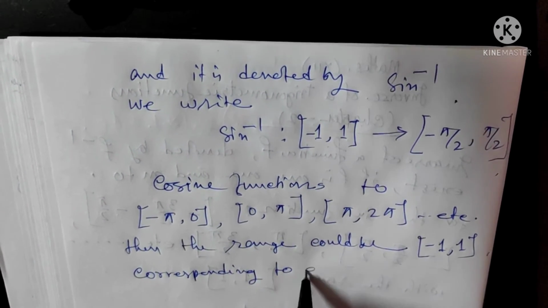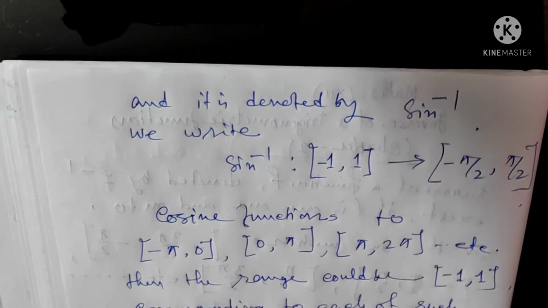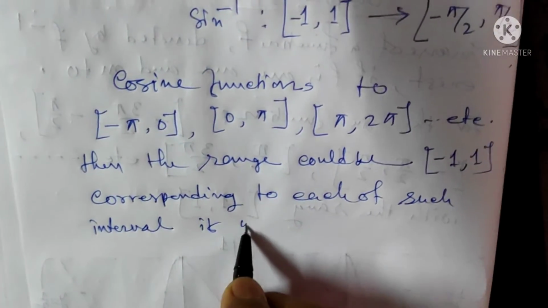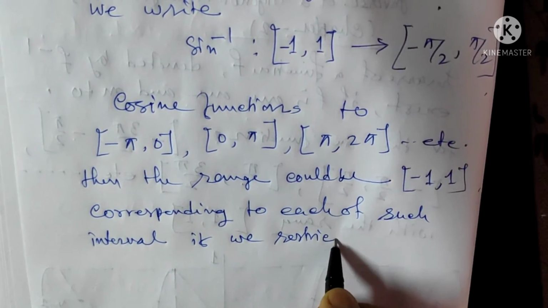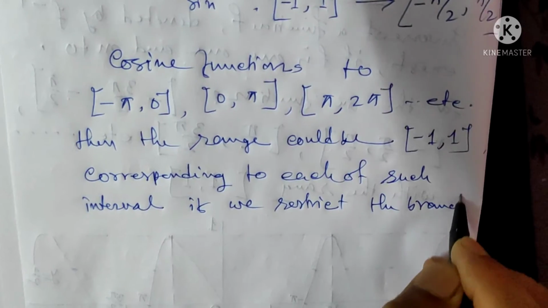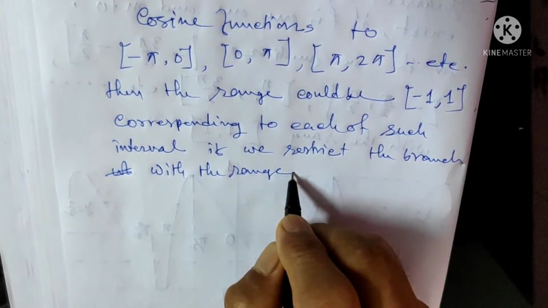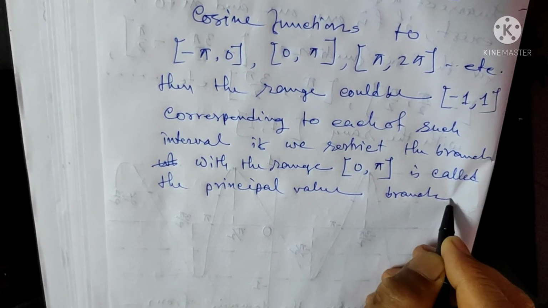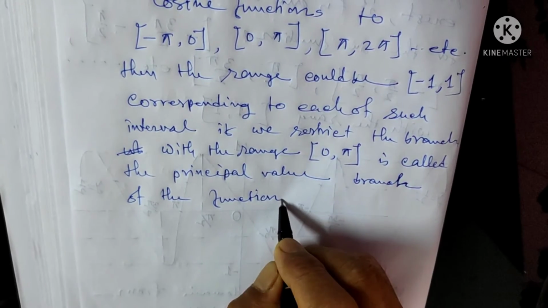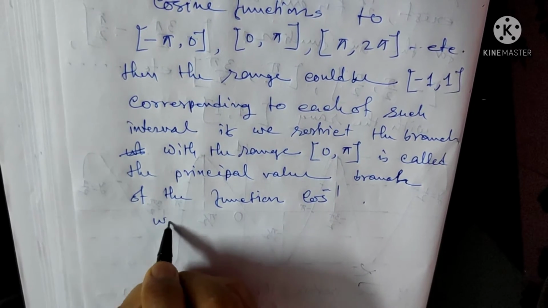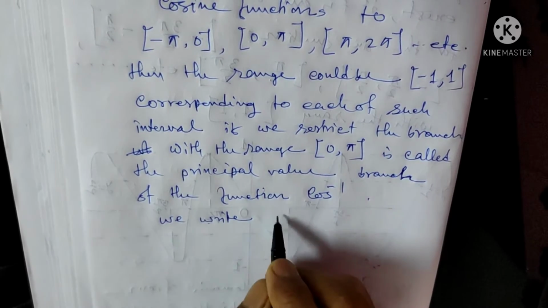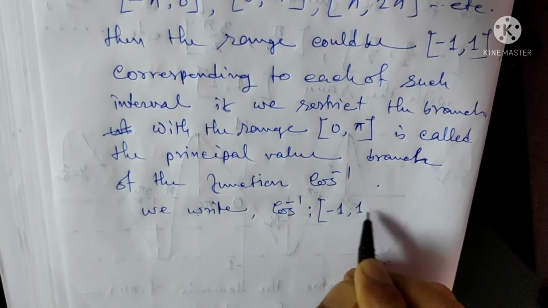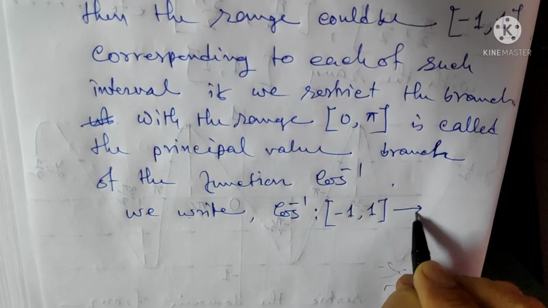Corresponding to each such interval, if we restrict the branch, the range 0 to pi is called the principal value branch. The function is cos inverse, such that its range is 0 to pi.